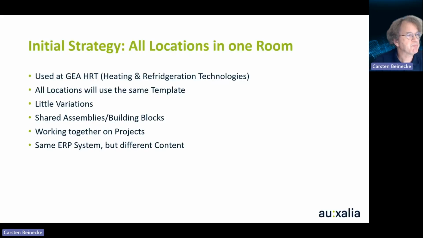Strategy. So here we had the initial strategy, and this is where we started with HRT in 2017. HRT works with offices throughout global locations. We had offices in South Africa, UK, I mentioned the Netherlands, Poland, where we met. So we brought essentially all offices together because they work the same way.